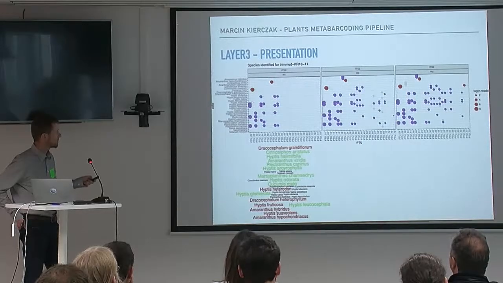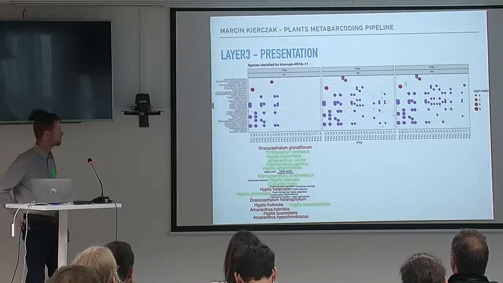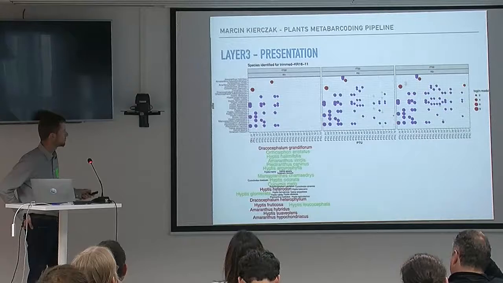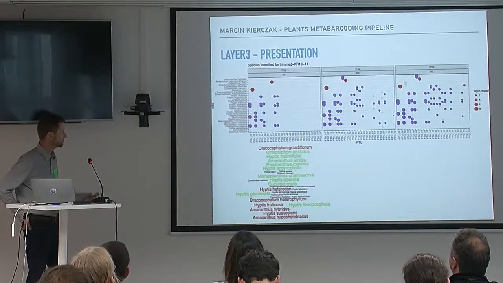The size of the bubble corresponds to the log number of reads supporting this particular identification. And if only one species was identified per particular ASV, it's presented in red. But if there were multiple identifications, then it's in blue.